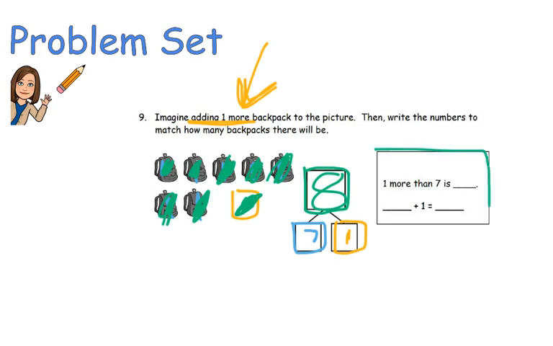Now let's fill in our equation and our sentence. So 1 more than 7 is how many? Is 8. We have 8 total. Ooh, now for this one, we are not only filling in the answer, we have to fill in a part. There's a part missing here in this equation.